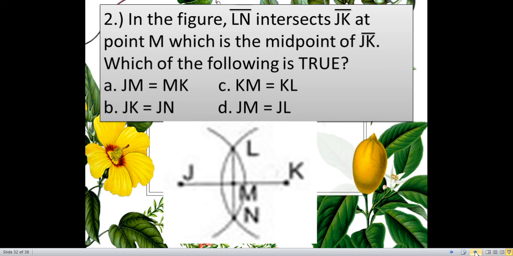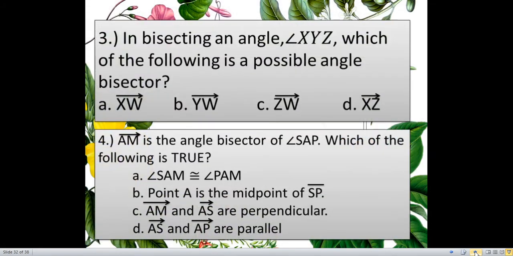Or D. JM equals JL. For number 3, in bisecting an angle XYZ, which of the following is a possible angle bisector? A. Ray XW. B. Ray YW. C. Ray ZW. Or D. Ray XZ.